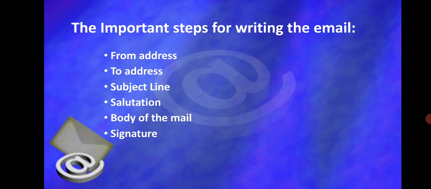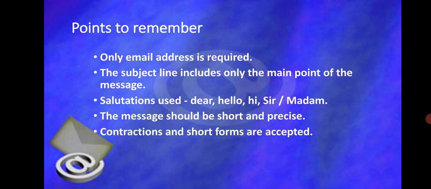Then comes the body. When you write the body, make your message short and precise. Then you can use contractions and short forms for your email. Then end your email with your signature or by writing your first name. So these are the points that you should keep in mind while writing your email.